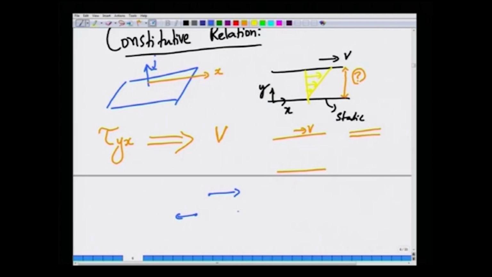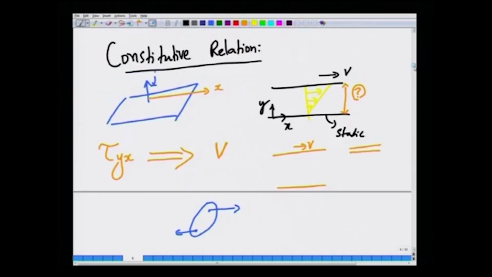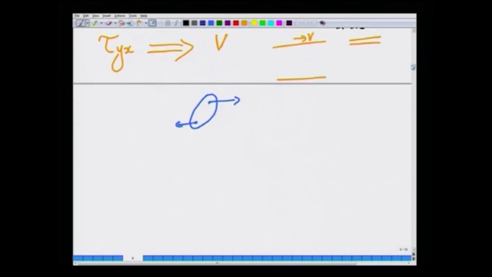Only then will viscous stresses be generated. That part is accurately captured by what is called the gradient of velocity.